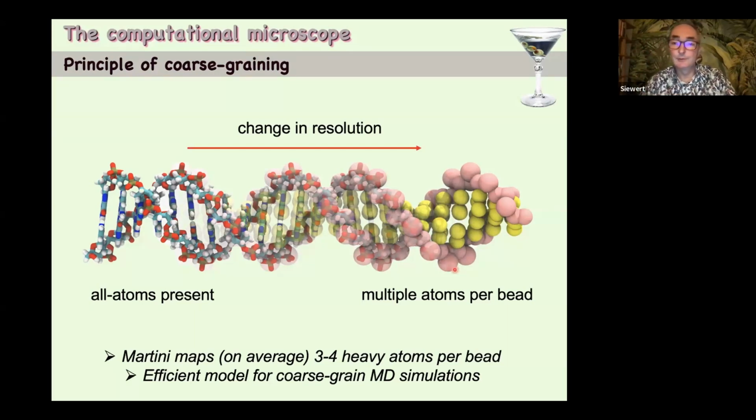That is the main reason why you want to do this kind of coarse graining. The Martini model that we developed considers on average about 3 to 4 heavy atoms together with the associated hydrogens as a single coarse-grained bead, as a single interaction center. And thus, we have created a very efficient model for doing these coarse-grained MD simulations.